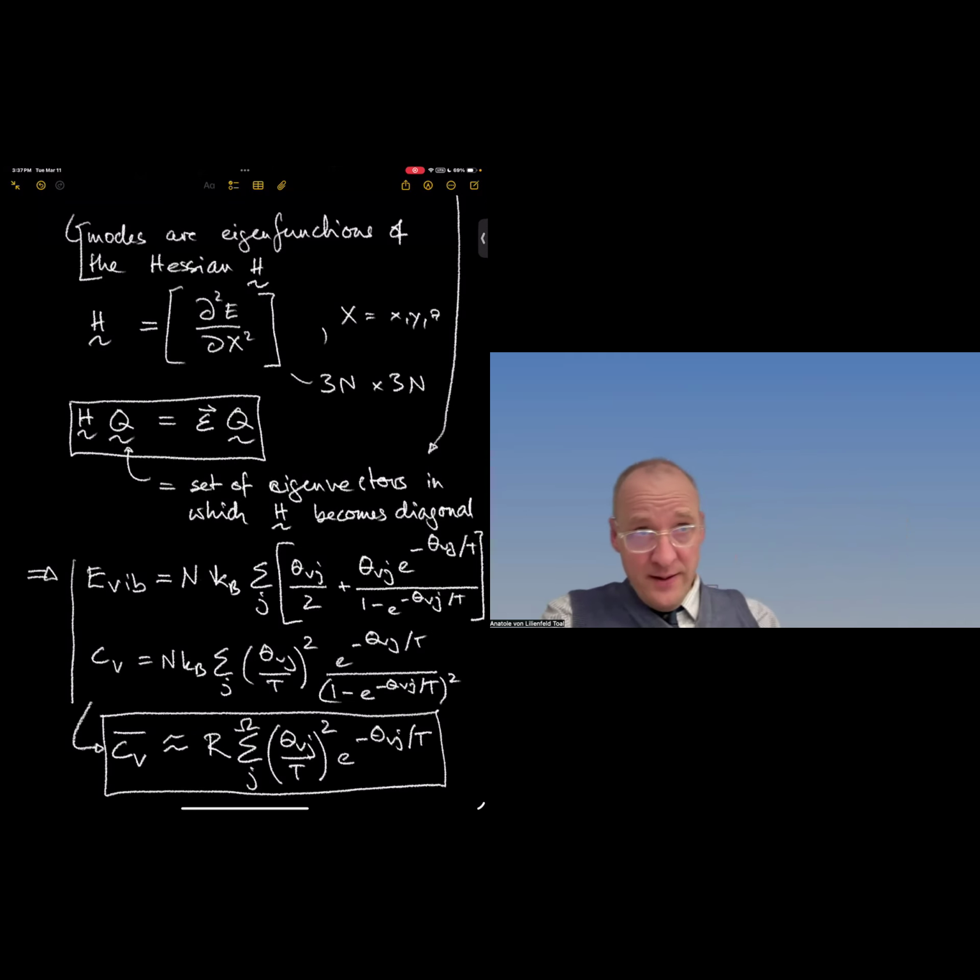So these capital theta, these characteristic temperatures, these are things people measure in spectroscopy and report. So for your favorite molecule you're studying, unless it's very exotic, if you find the spectroscopic tables for it, you will find the thetas. And you can use this formula and plug in those thetas to estimate the heat capacity of your molecule, right? Without any other measurements.